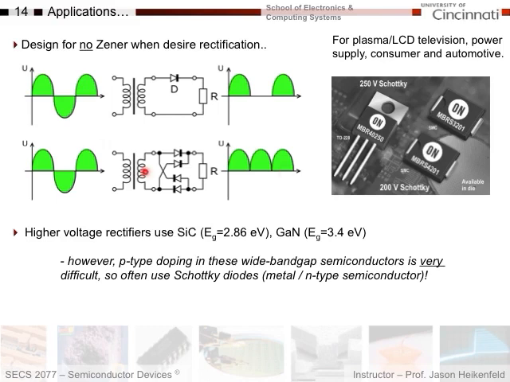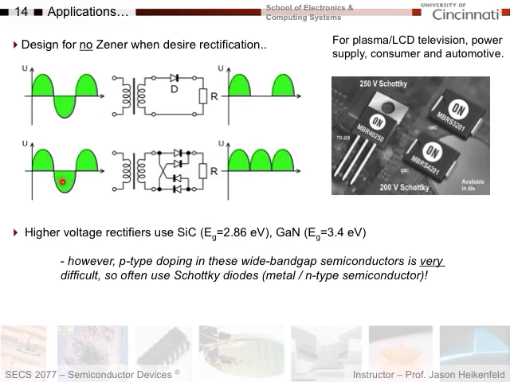If I'm flowing current in this direction, it goes through the load this way, and that gives me current through the load. And if I have current in the other direction, it finds the same path, but it goes this way instead. And so I get rectification for both the positive and negative phases of the AC cycle.